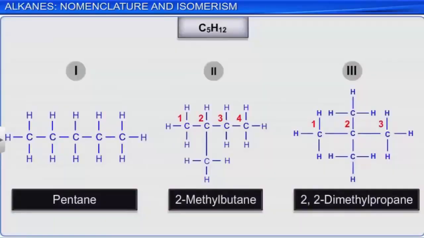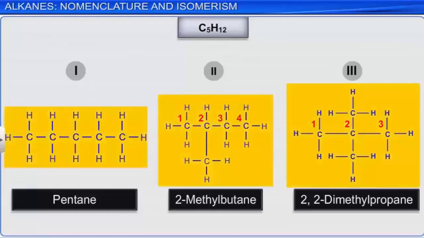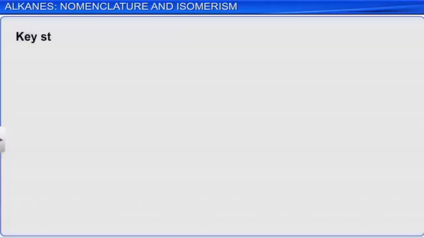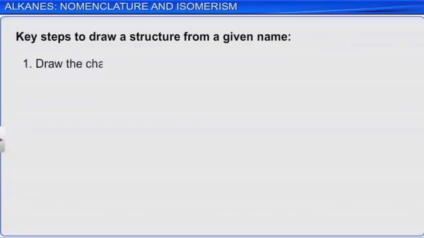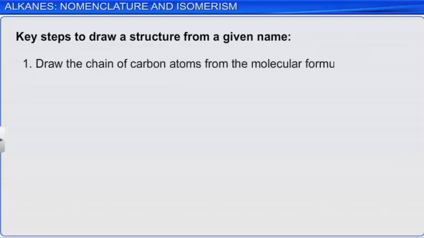Just like it's important that we know how to write correct IUPAC names for a compound given its structure, we also need to be able to draw the structure given its IUPAC name. The key steps to draw a structure from a given name are: draw the chain of carbon atoms from the molecular formula.